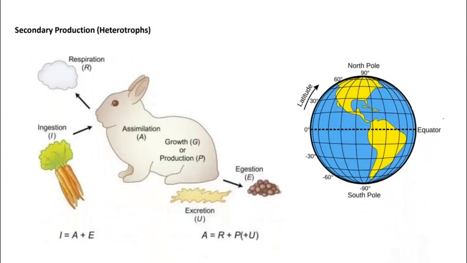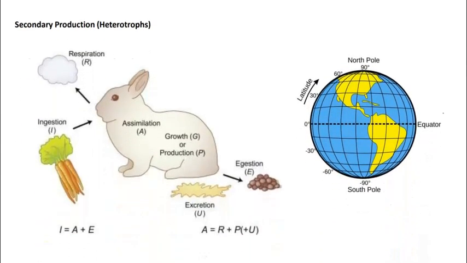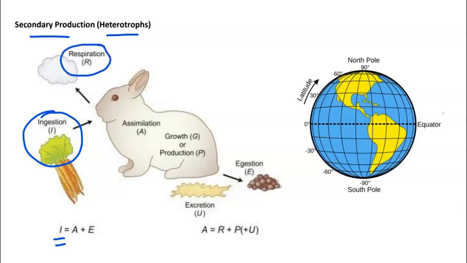Secondary production, which is concerned with the higher trophic levels above the producer, is an aspect of the heterotrophic style. Food is ingested. If we think of this in terms of an energy budget, we would call that I. In the same way as we did with the primary producer, we're going to lose some of that energy in the form of respiration.